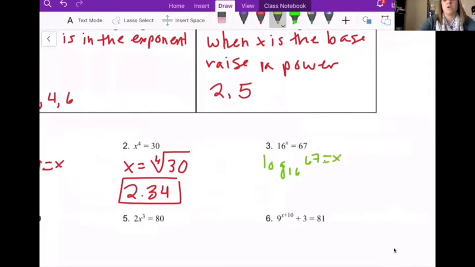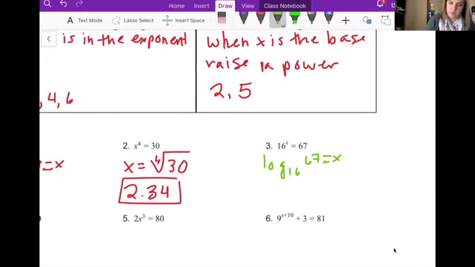And then we would go to our calculator and type this in: log 67 divided by log 16.